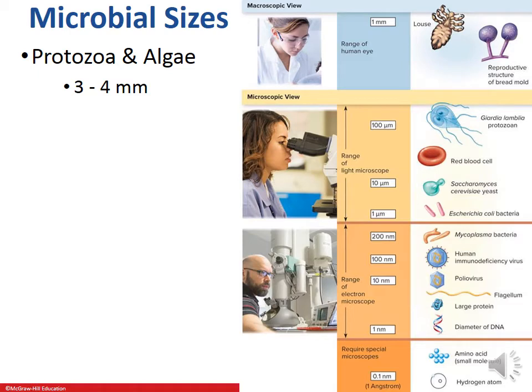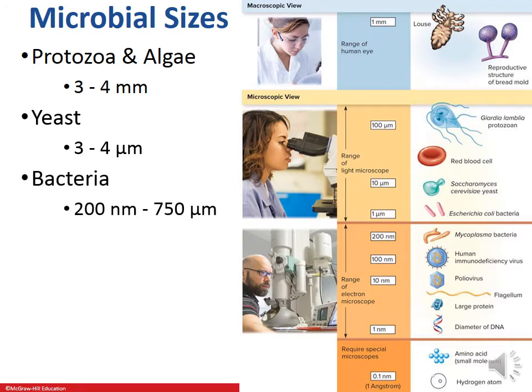By no means do you need to memorize all these numbers, but realize that when we start looking at eukaryotes like protozoa, algae, fungi in the form of yeast, or multicellular fungi like mold, you're going to see a range of sizes up to 3 to 4 millimeters in the protozoa and algae. In the yeast, it's going to be a little bit smaller. When you get down to bacteria, now you're talking about the nanometer range through about 750 micrometers.